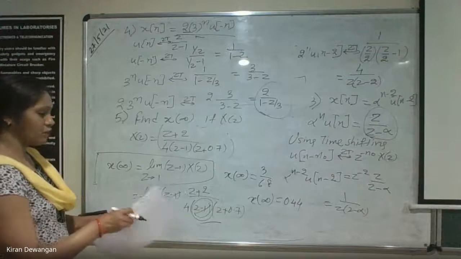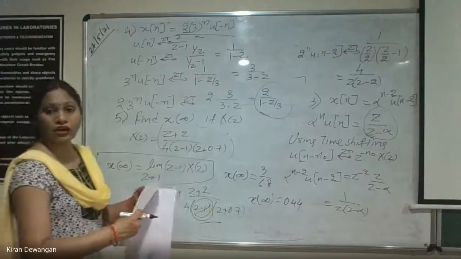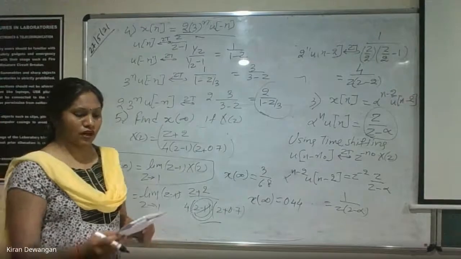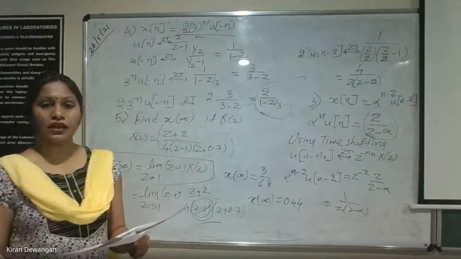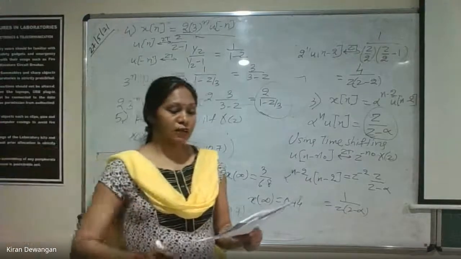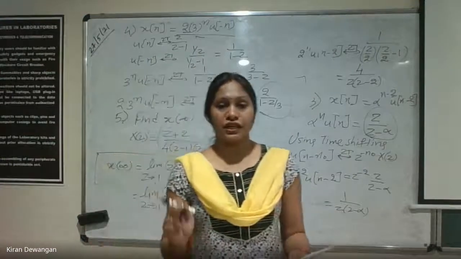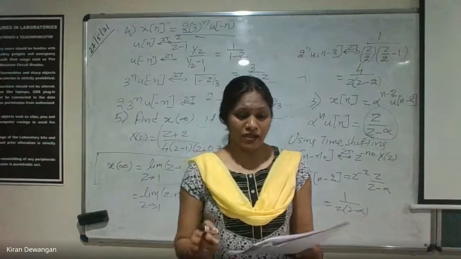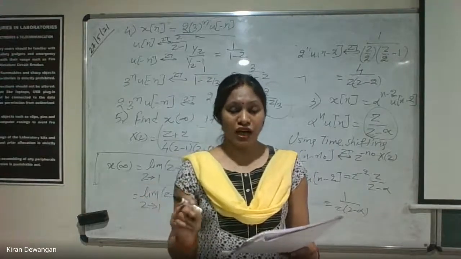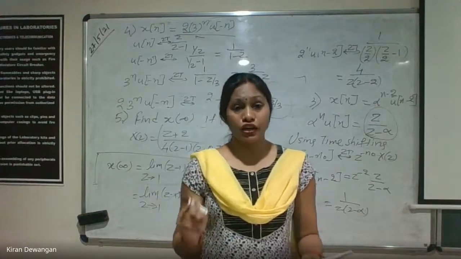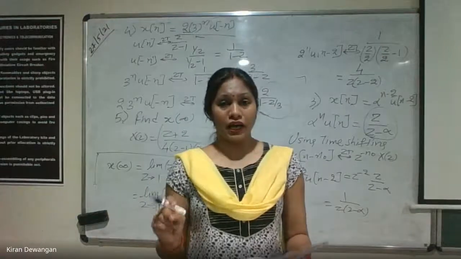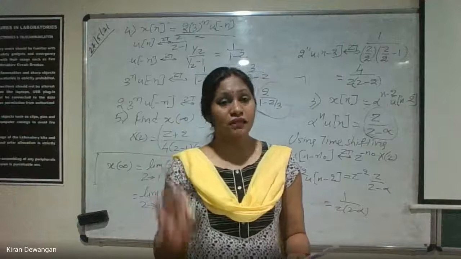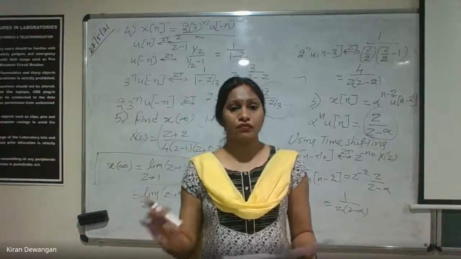Similarly, if we have the question to obtain x of 0, x of z will be given to us, and the formula to obtain x of 0 is limit z tends to infinity of x of z. Now z tends to infinity means the entire term should have z in the denominator. If z is in the denominator, that term will become 0, so that is okay, but if it is in the numerator it will be of the form infinite.